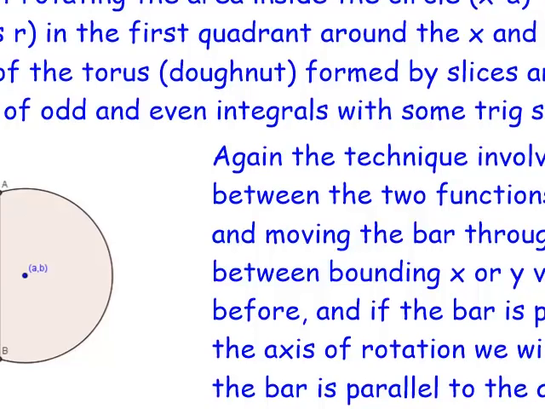We're going to have to use the ideas of odd and even functions as applied to integrals. We're also going to have to use some trig substitutions, especially for cos squared. Hopefully we all know that cos squared theta is equal to a half of 1 plus cos 2 theta.